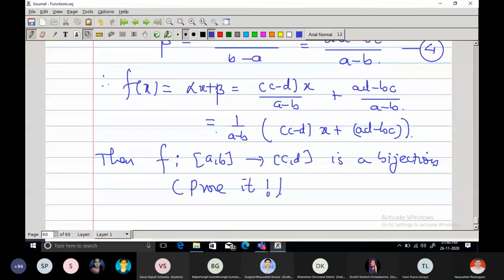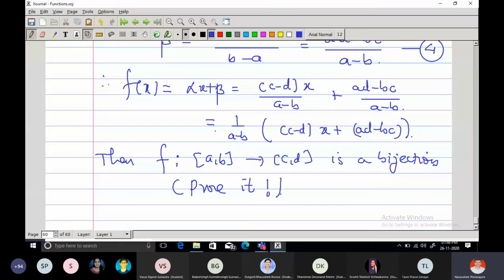Yes. Does it give a general formula? Yes, sir. Yes, right?